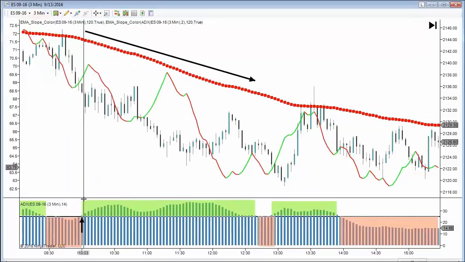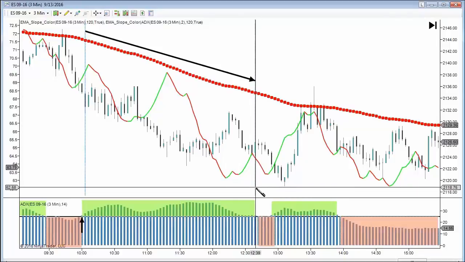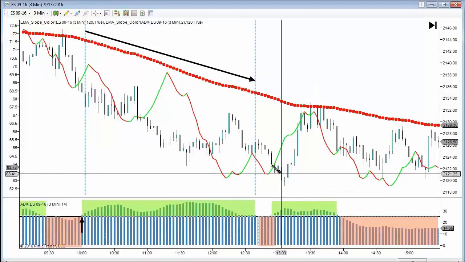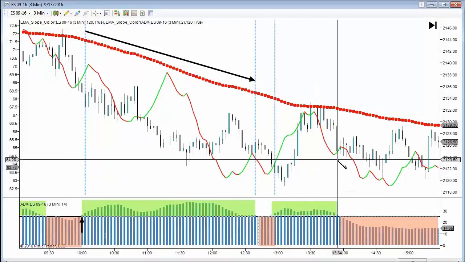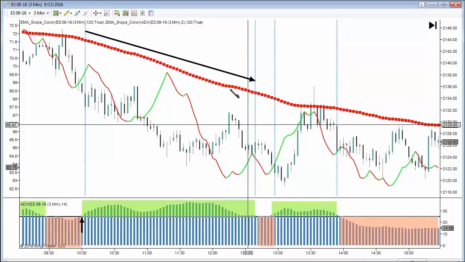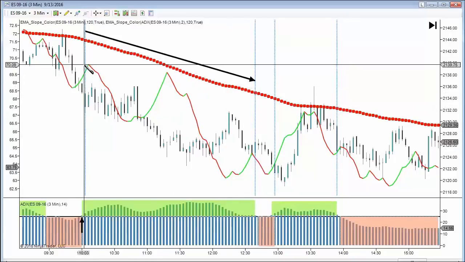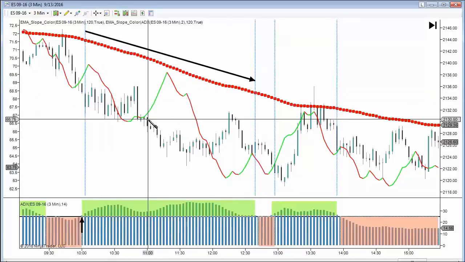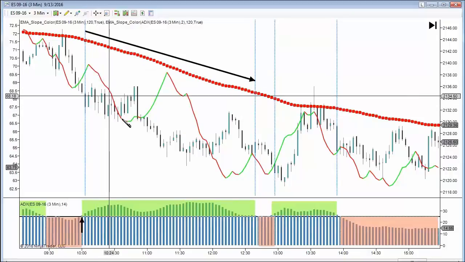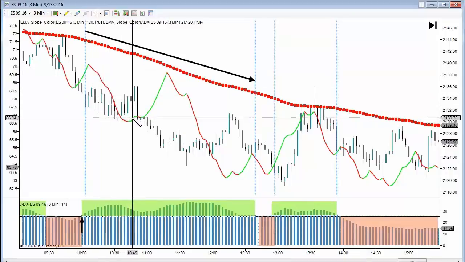Anywhere inside of this area, we're sort of agreeing that the market is not chopping. Same thing over here. Anywhere inside of this area, we're saying the market is not chopping. It's not consolidating. The trend is strong.